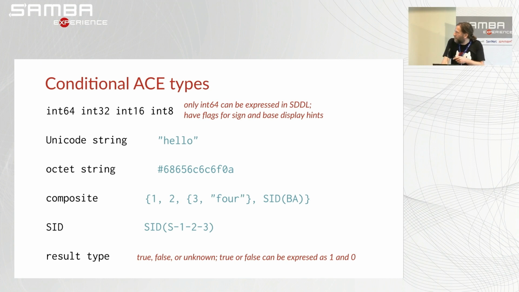So here are the types that you've got to deal with. There's integers. Now in the conditional case, there's 4 different kinds of integer, but you can only get to one of them.